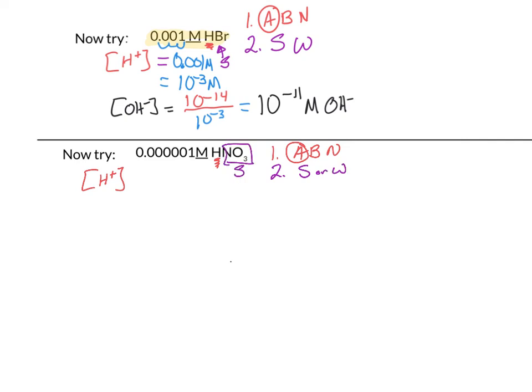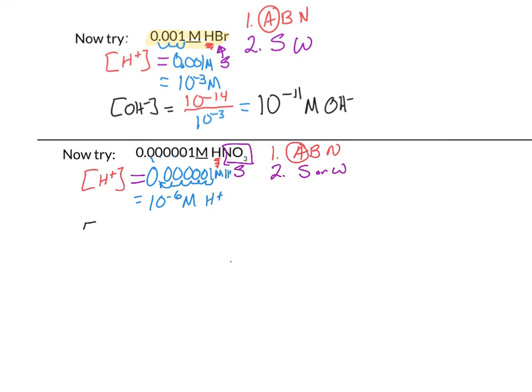Hopefully we know this one as a strong acid. That means it will be equal to the number we started with. And that number is 0.00001 molar H plus, that's 1, 2, 3, 4, 5 zeros after the decimal, then a 1, which is 10 to the negative. We start from here. We go 1, 2, 3, 4, 5, and 6. 10 to the negative 6th molar in hydrogen.